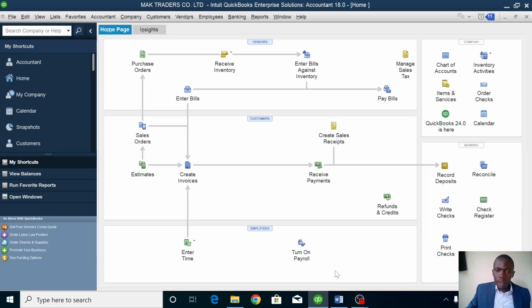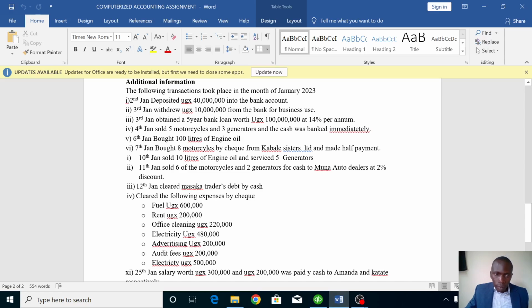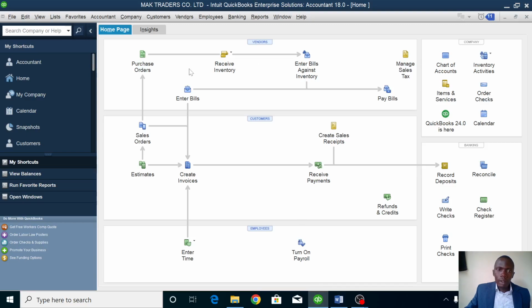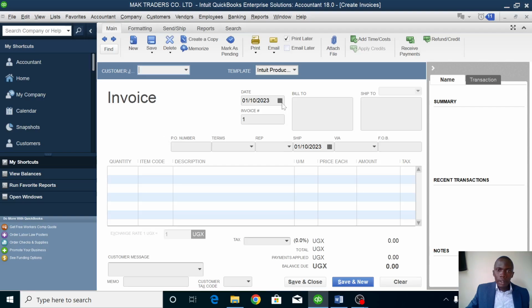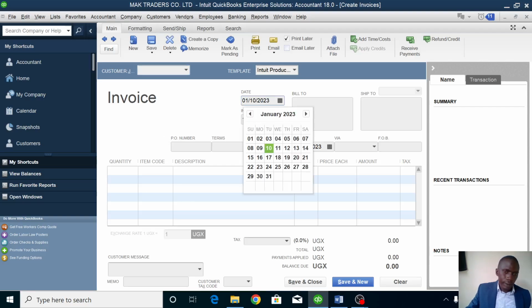Our next transaction was on 11th. Sold 60 of the motorcycles and 2 generators for cash to Muna auto dealers at 2% discount. Go back, go to sales. We start from create invoices. The date was on 11th.